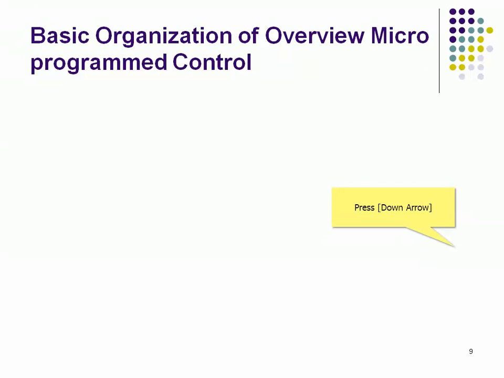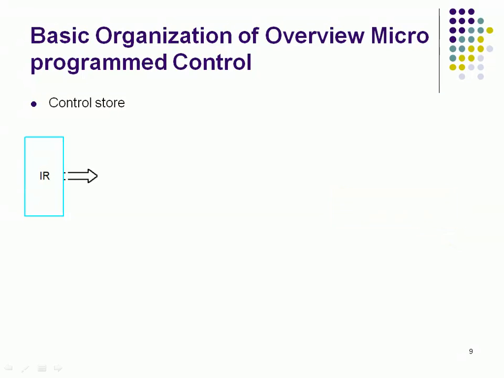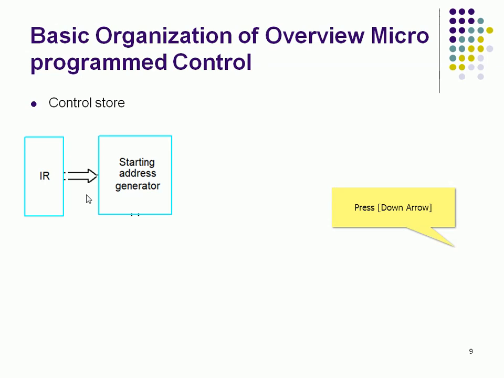So let me go further. That is the control store, the control memory. We have the instruction register. As we have seen, n bits will be there, and 2 power n instructions' signals are going to be generated. So we have a starting address generator, because we have seen the set of micro instructions is a micro routine.